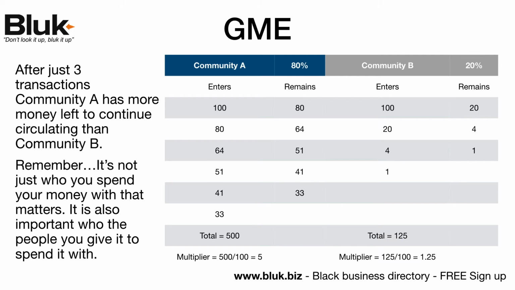After the first round, £80 remains in community A and £20 remains in community B. After the third round, £64 still remains in community A, while only £4 remains in community B. After the fourth round, £1 remains in community B, while £51, over half, still remains within community A. And after the fifth round, community B has no more money, while community A still has over 40% of those funds within the community.